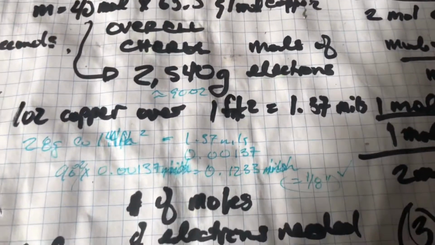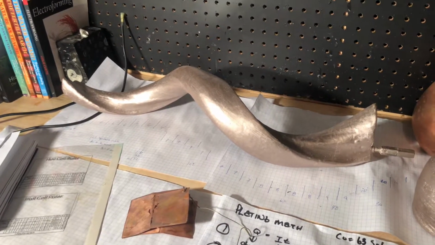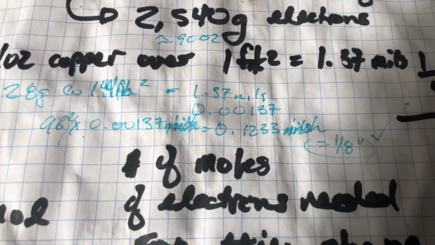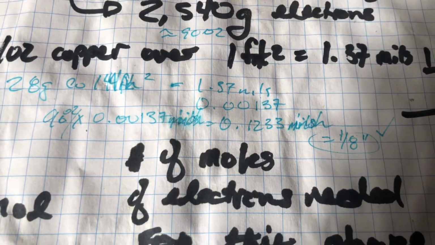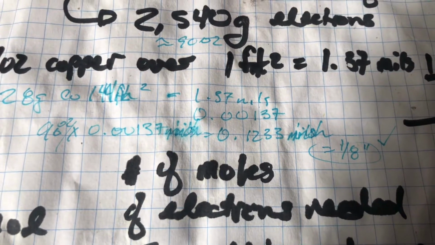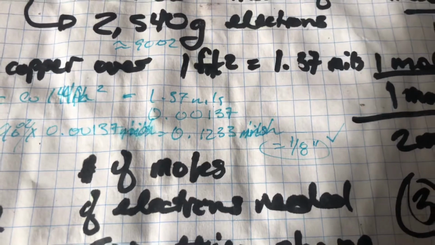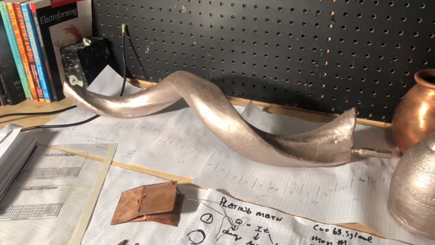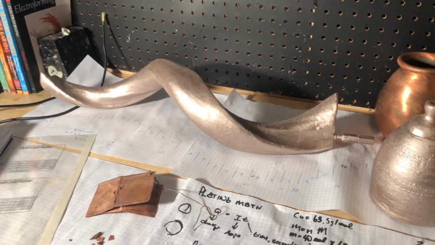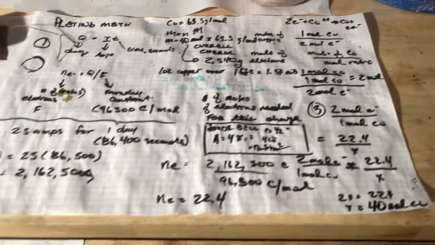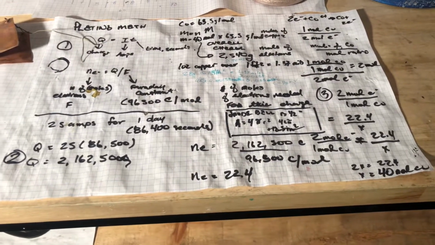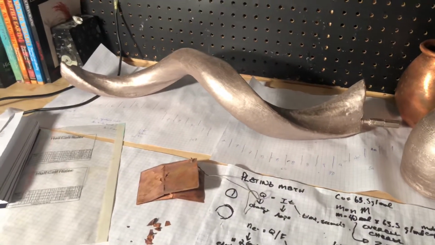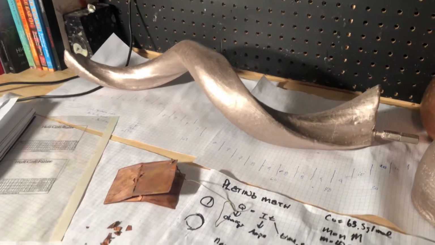So if I take the 90 ounces that I'm going to deposit over the surface area of this part, I get 90 by 0.00137, which gives me 0.1233 inches, approximately 1/8 of an inch, which is approximately the wall thickness I'm aiming for on this part. So that is the math to determine the copper deposition.